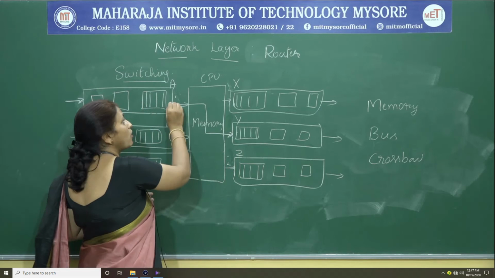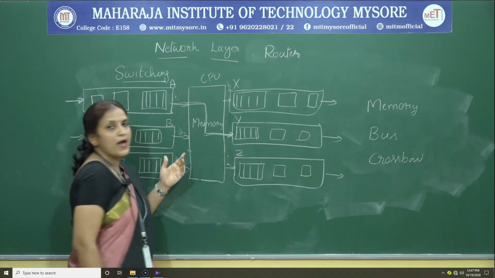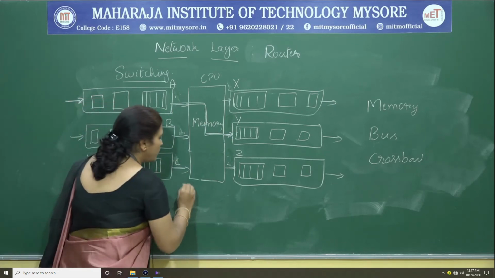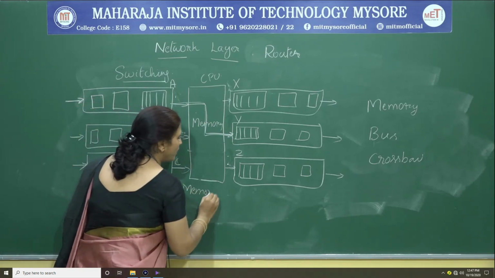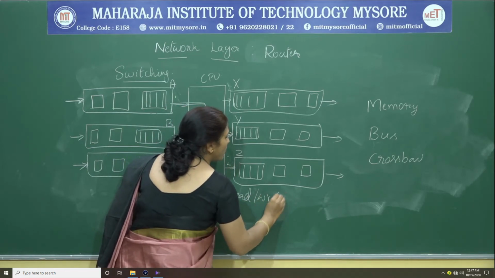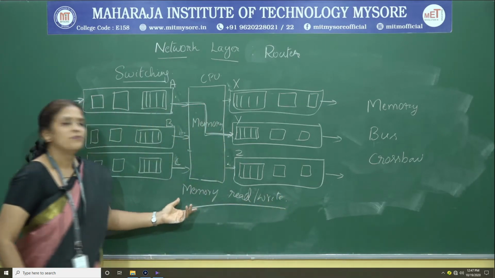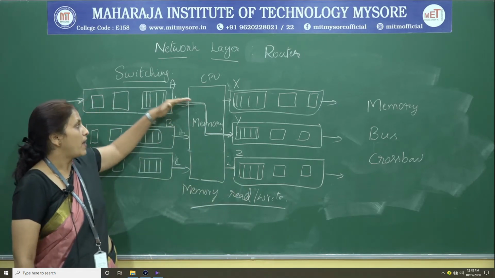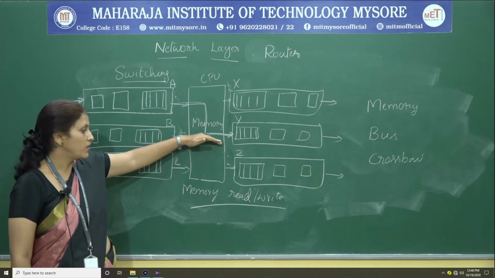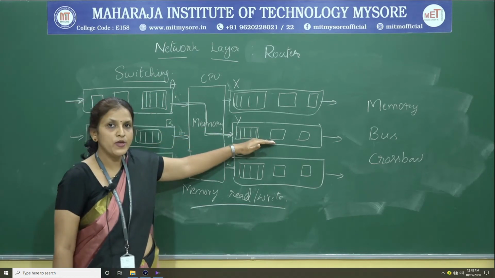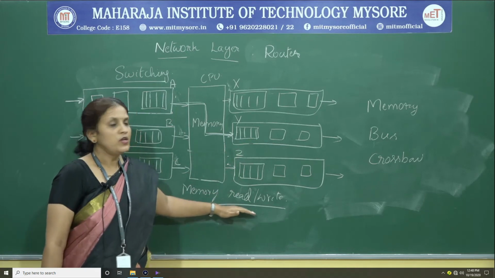During the copying of the packet from A to Y, what is happening? Memory read and write is happening here. We are writing the packet into memory, that becomes the memory write, and then when copying the packet from memory to the output port, it becomes a memory read.